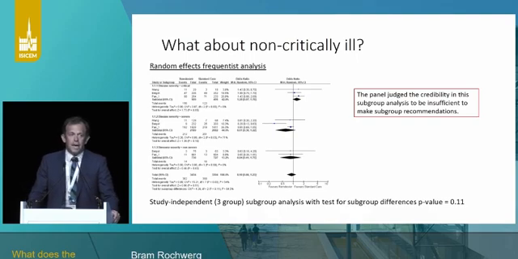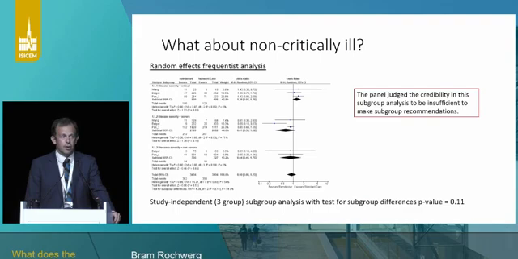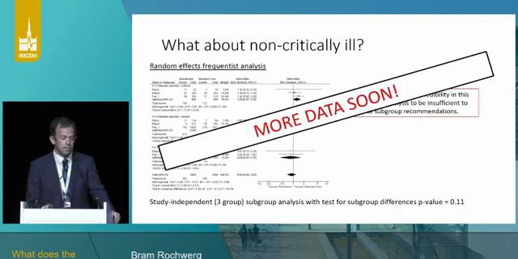At least for our panel, when looking at the evidence, we had low certainty in the overall effect. And when you start taking low certainty evidence and carving it up into individual subgroups, you can see that the overall numbers when it comes to mortality are very small. The WHO panel decided that their credibility in this subgroup finding was low, and not high enough to support subgroup recommendations specifically aimed at the hospitalized.